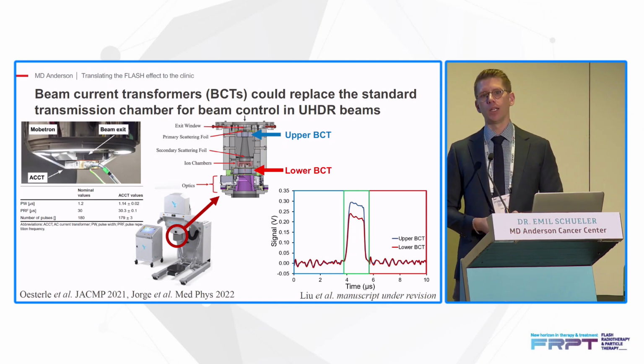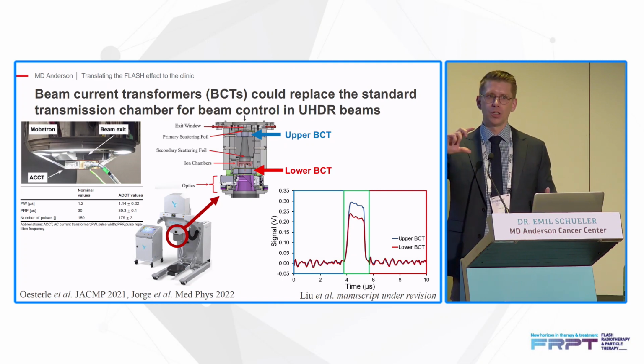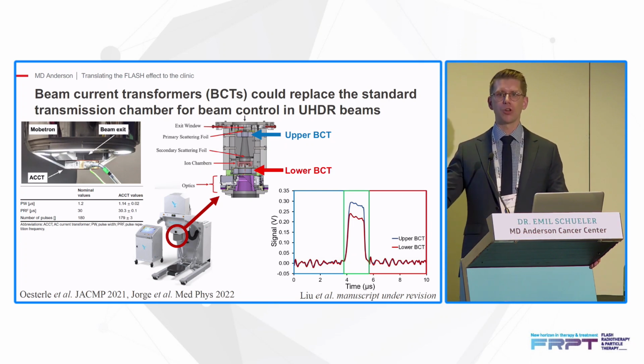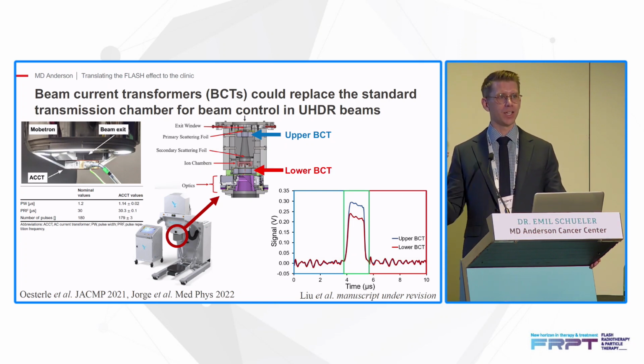So one thing that we have been working a lot on is utilizing beam current transformers to get a better understanding and monitoring of our deliveries on a pulse-by-pulse basis. This is the first step; system integration is the next step.